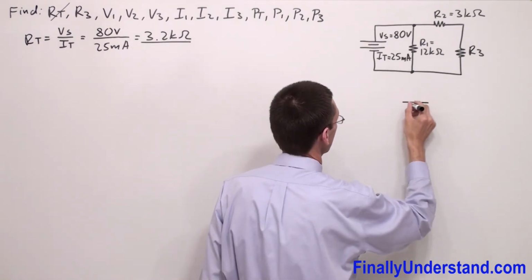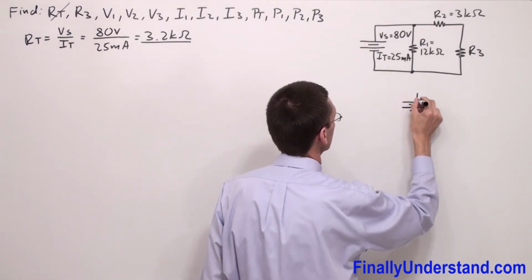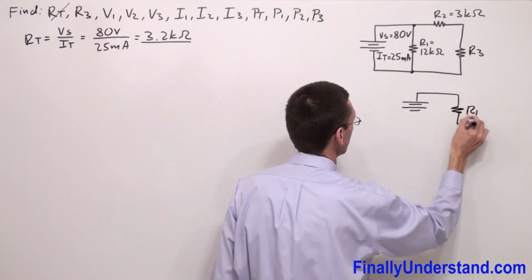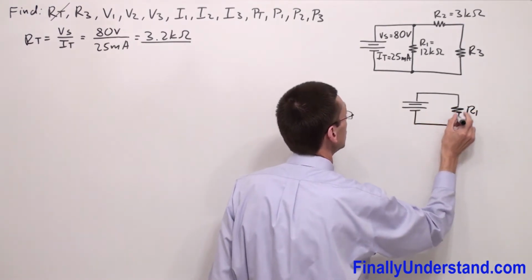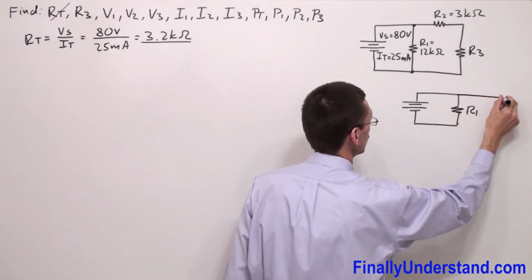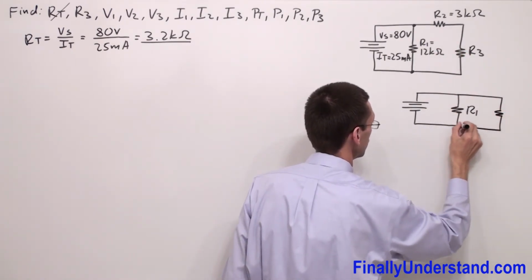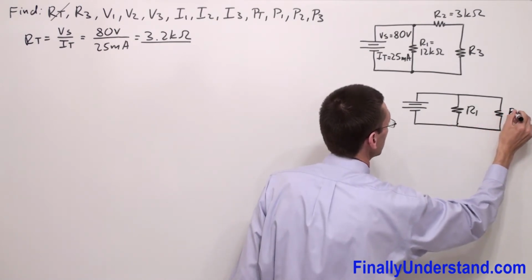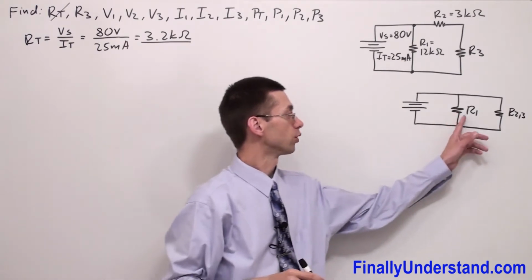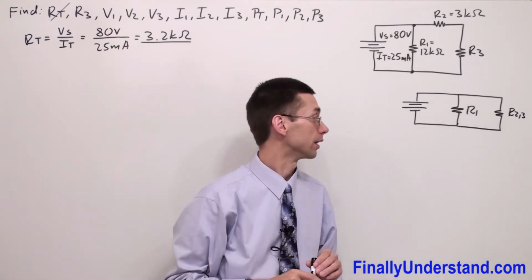So we have voltage source, we have resistor R1, and these two resistors are in series. I'm going to call both of them R2,3. As you can see, we end up with two resistors which are in parallel.